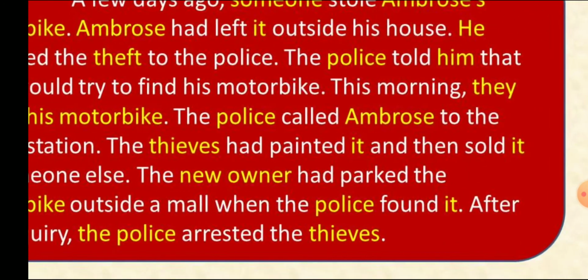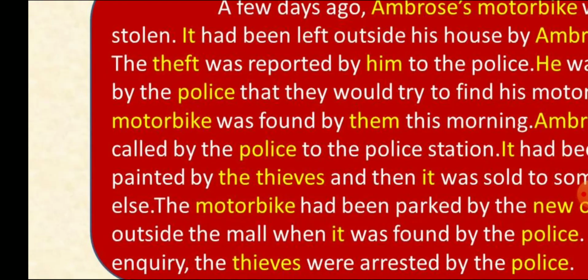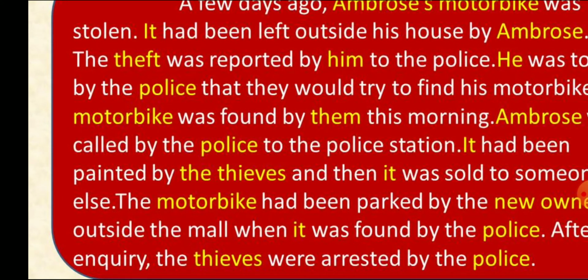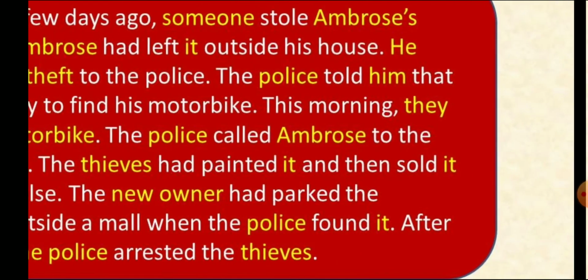The next part, when the police found it, is a subordinate clause. The police is the subject, it is the object. Found is the past form of find, so it is past tense: it was found by the police. So we write: The motorbike had been parked by the new owner outside the mall when it was found by the police.